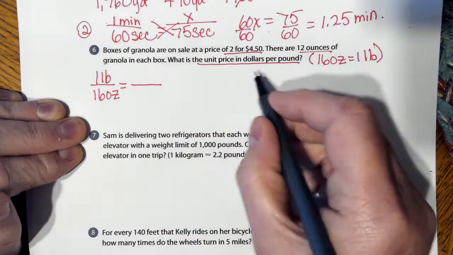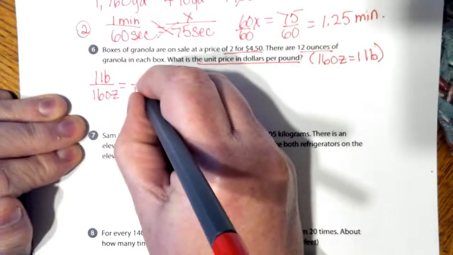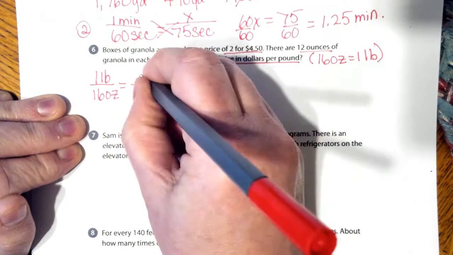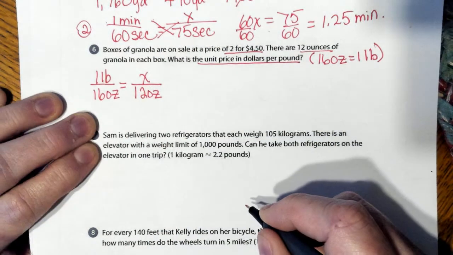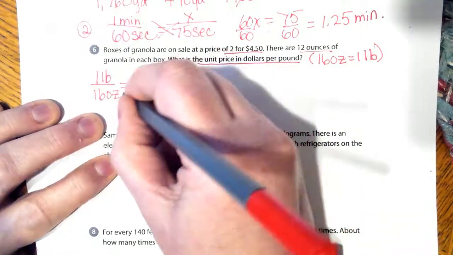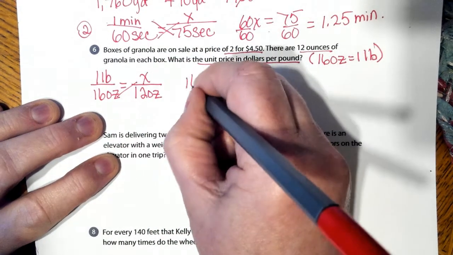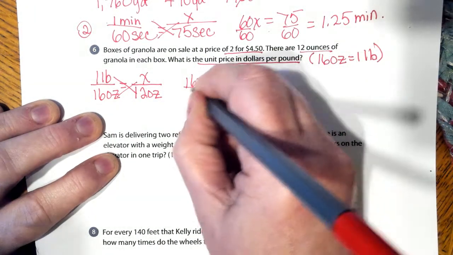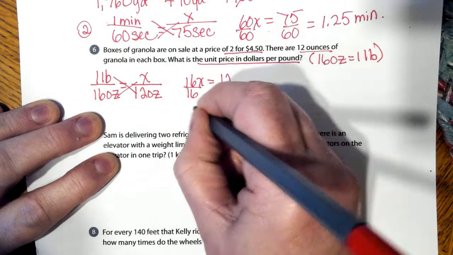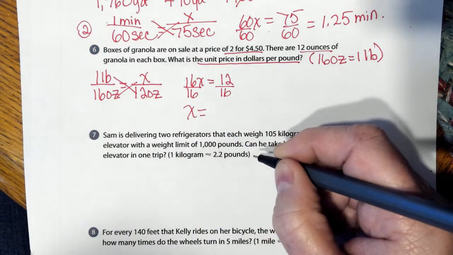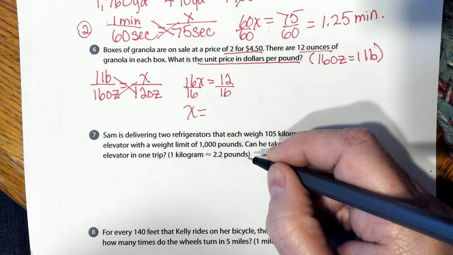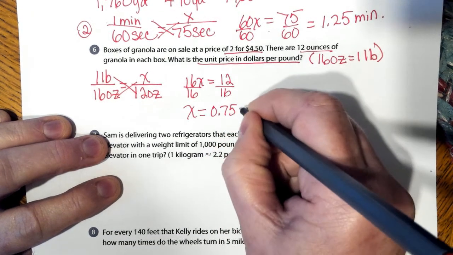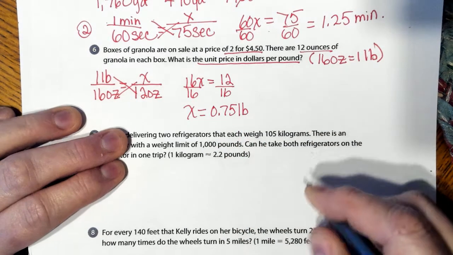Okay, and there are 12 ounces in each box. So we're trying to find out how many pounds each box is. So we're going to cross multiply again. So 16x equals 12. So then we divide by 16 and we get x equals 12 divided by 16 is 0.75 pounds per box.